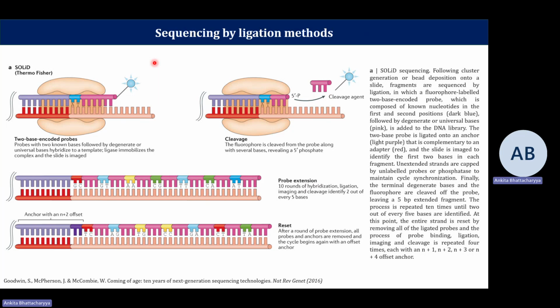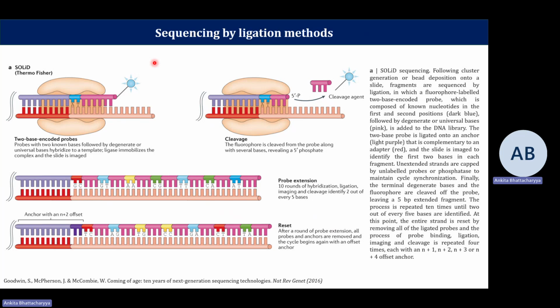So the first one involves the use of sequencing by ligation strategies, where it is very heavily reliant upon complementarity, hybridization, and ligation between broken portions of DNA or separate portions of DNA.